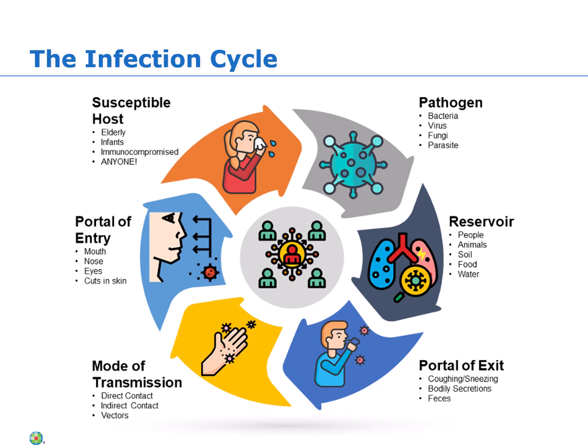They coughed onto their hand, they then touched the door handle, and then you go to enter the room unsuspectingly, you touch that door handle, you reach up to scratch your nose, or you go to get a drink or eat something, and then that's the mode of transmission. So not directly through the infected person, but they touched something, then you touched it. It can be in the air, it can be through direct contact, or it can be through something inanimate like a piece of furniture. So there's different modes of transmission.